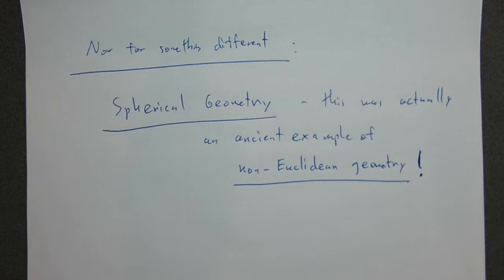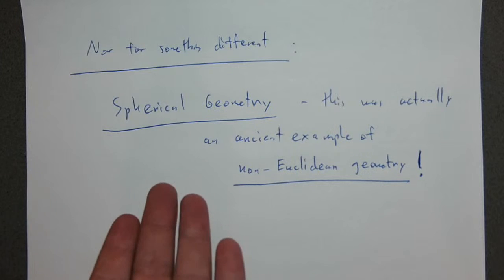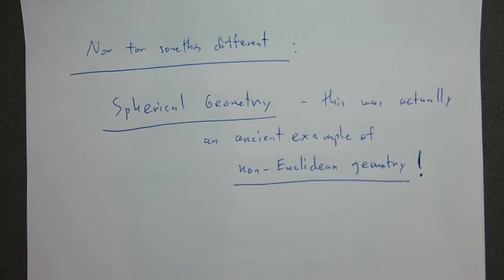hyperbolic geometry, which is a great example of non-Euclidean geometry. But why is it that I'm going to focus on that as my example of non-Euclidean geometry, and that's what I'm going to devote all the time to, when we have non-Euclidean geometry clearly seeable on the sphere as spherical geometry?